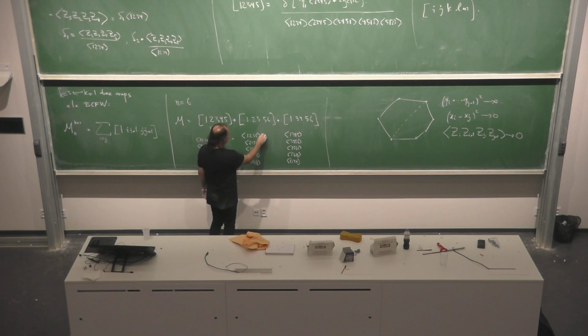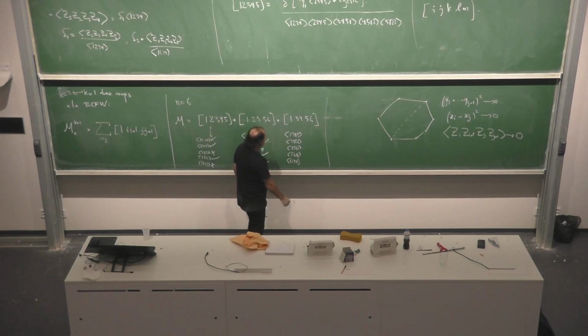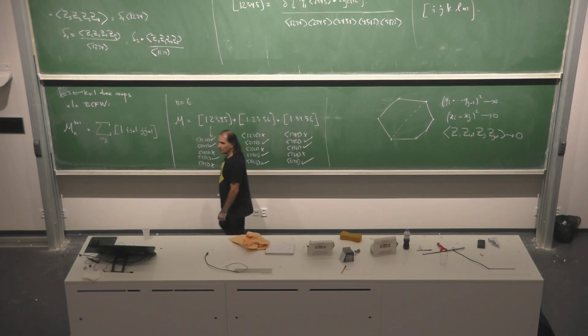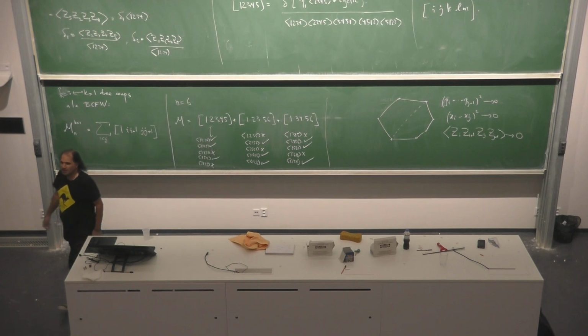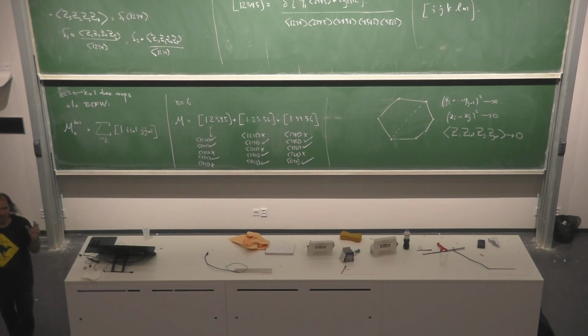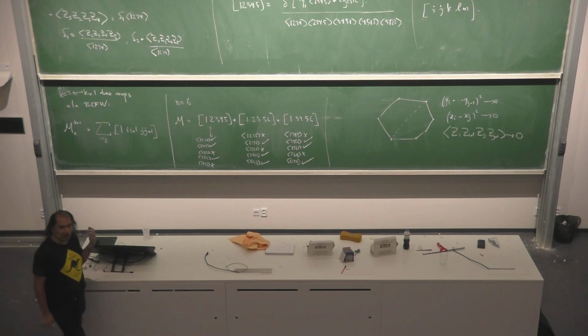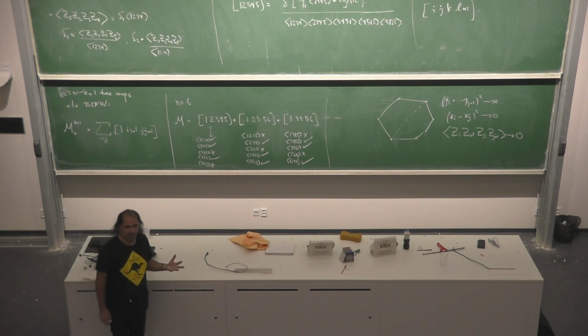And here too, not good, good, not good, good, good. Not good, good, good, not good, good, right? So we see that every term in BCFW has 3 good poles and 2 unphysical ones, 2 spurious poles.